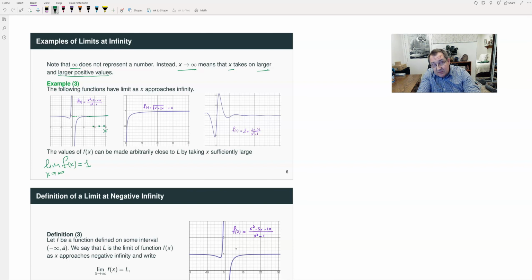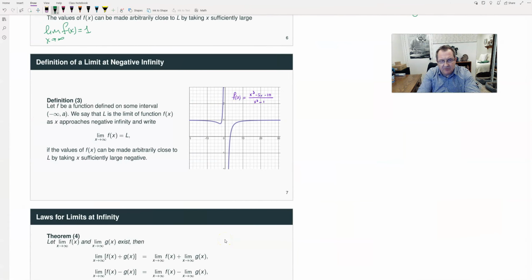That function also has a limit equal to 1. Here we go. You can see that it's approaching it. And this function also has a limit. Apparently, in this case, the limit is equal to 2. So let me write it down. As x goes to infinity equals 2. And notice that the function oscillates while getting closer and closer to y equals 2.